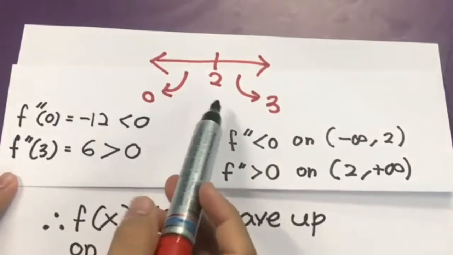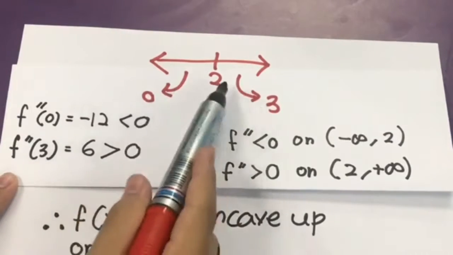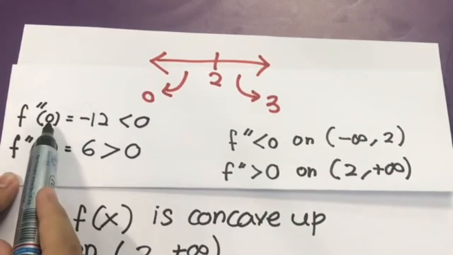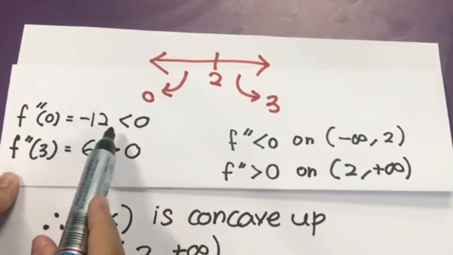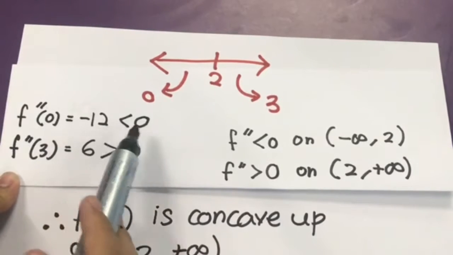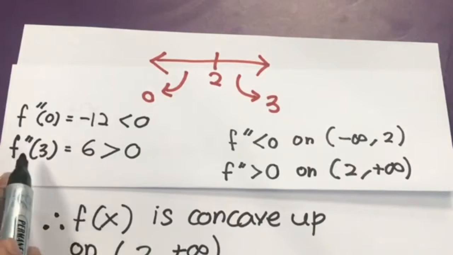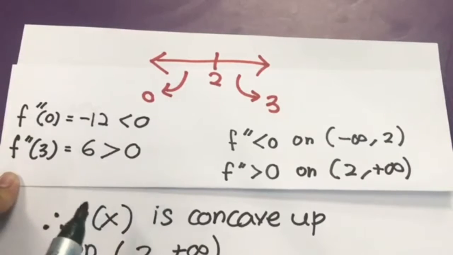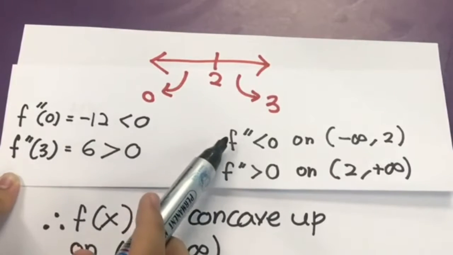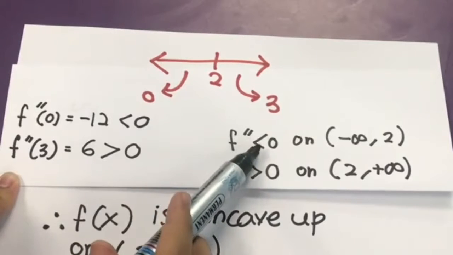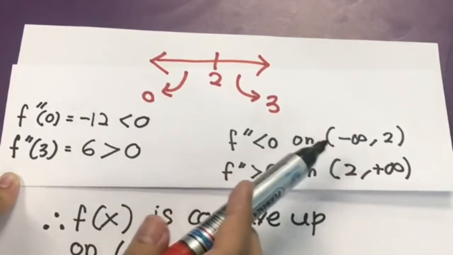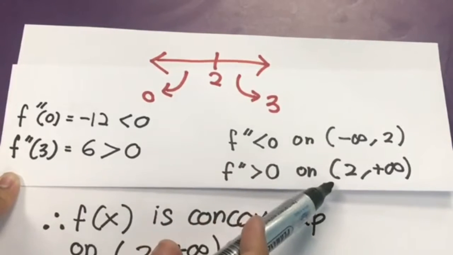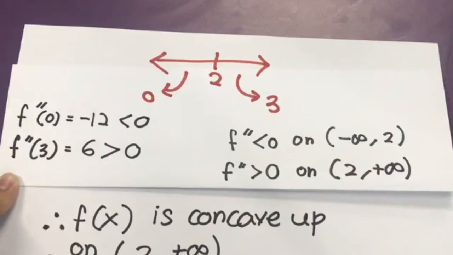For the second derivative, we substitute 0 into the equation and we get negative 12, which is less than 0. Also, we substitute 3, and we get 6, which is greater than 0.